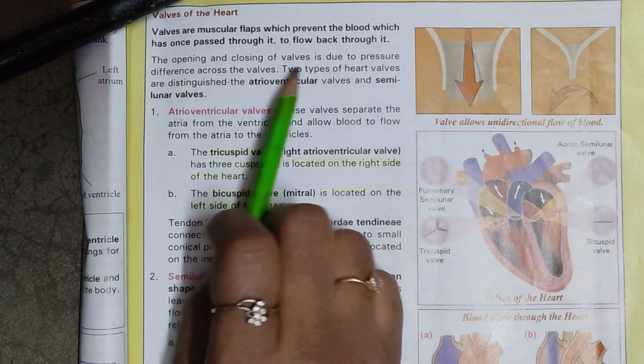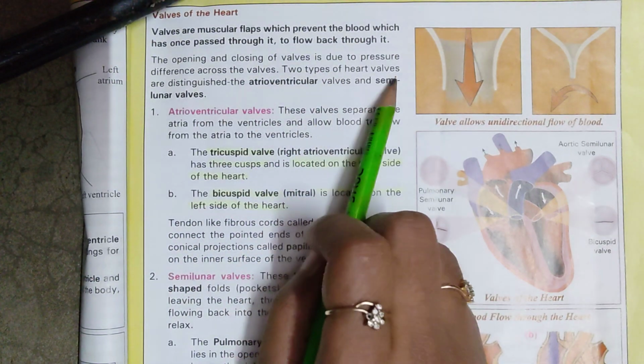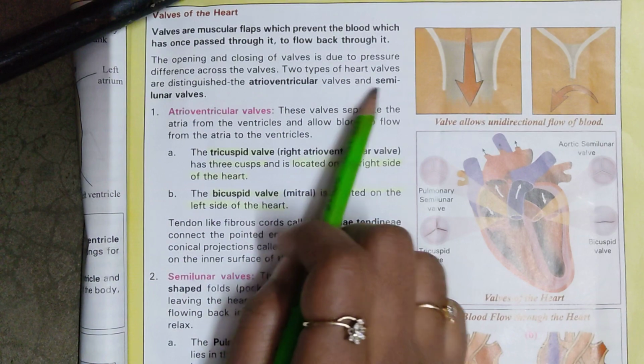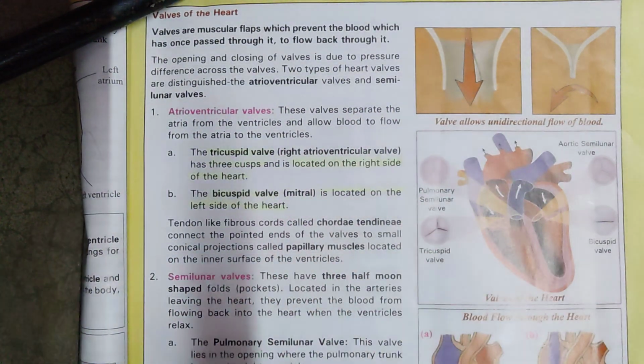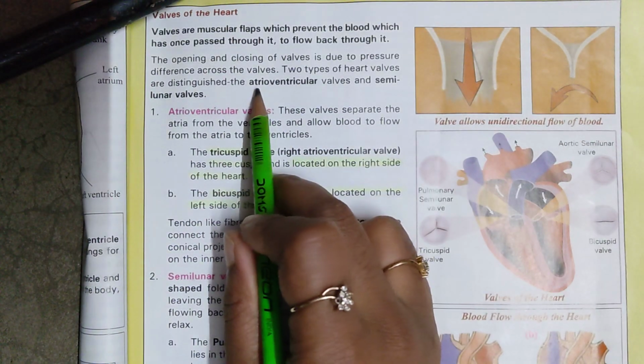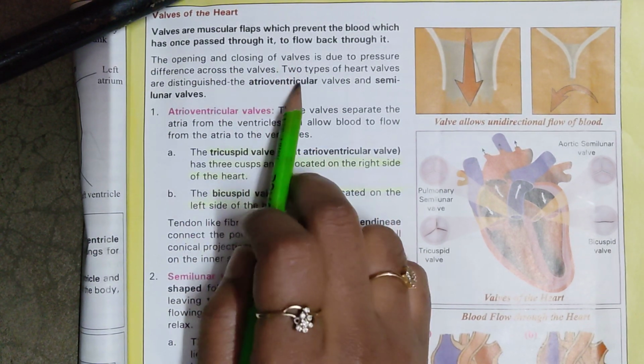The opening and closing of valves is due to the pressure difference across the valves. Two types of heart valves are distinguished: the atrioventricular valves and the semilunar valves. In our previous picture, the internal structure of the heart, we have already gone through the two types of valves. One was the right atrioventricular valve and one was the left atrioventricular valve.